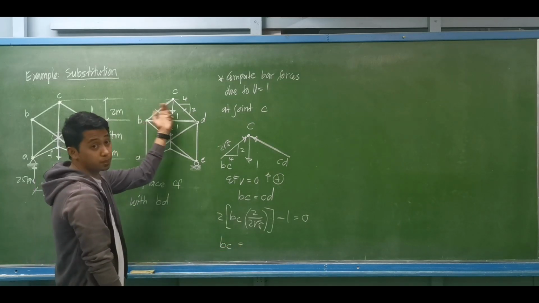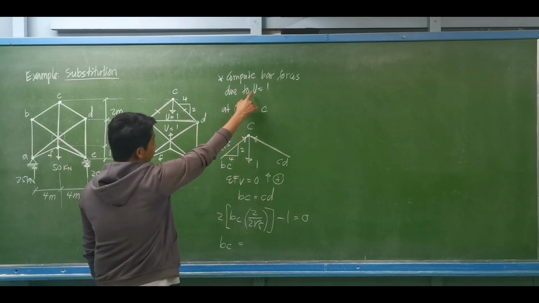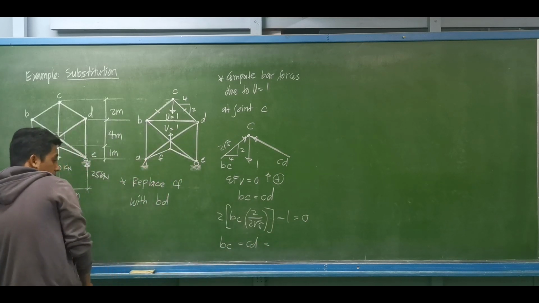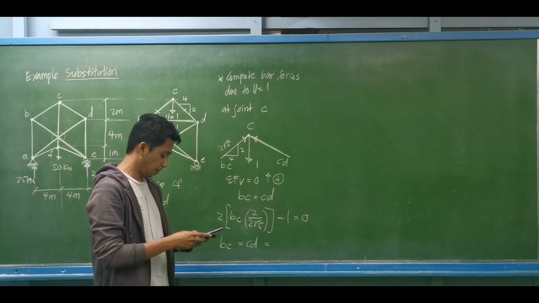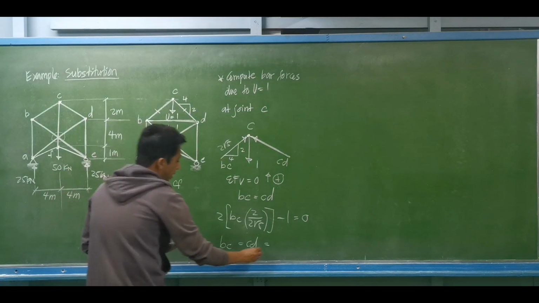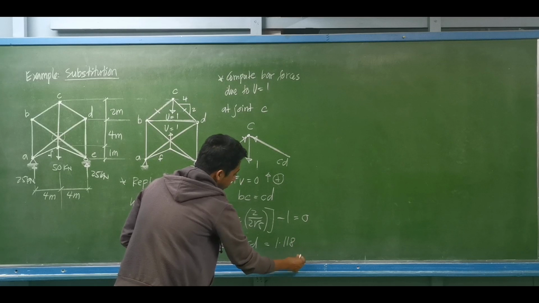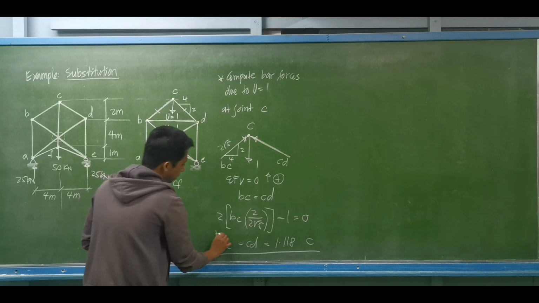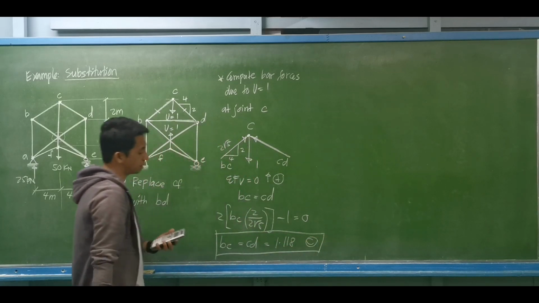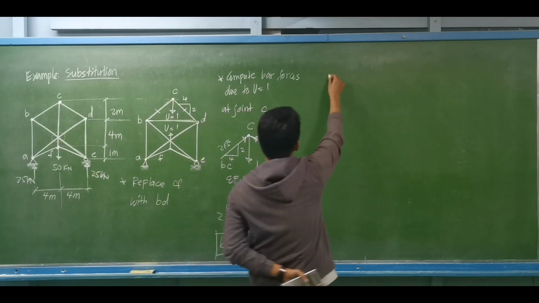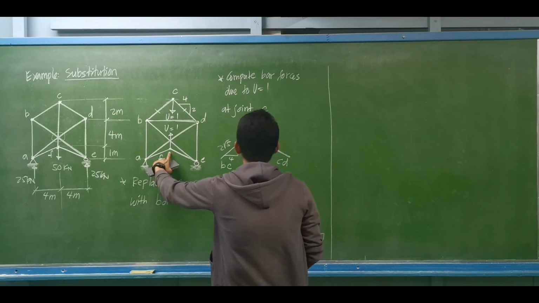That is the same as the magnitude of the bar force caused by the 1 unit load, and CD is the same, which is 1.118, and they are both compression. So BC and CD have a magnitude of 1.118, both compression. That is for joint C. We proceed to the next joint, joint F.